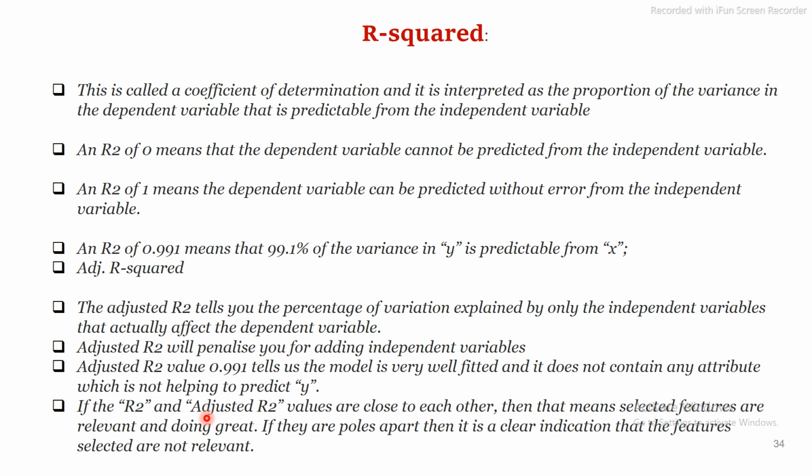Others I'll explain once I go through Python, it will help you. But R squared is just explaining the variance in Y. If your model gives an R squared of, let's say, 10% or 15%, it means variability is less explained.